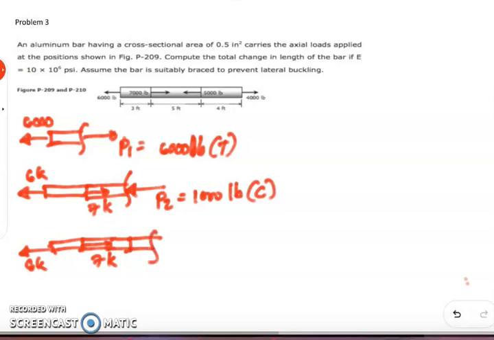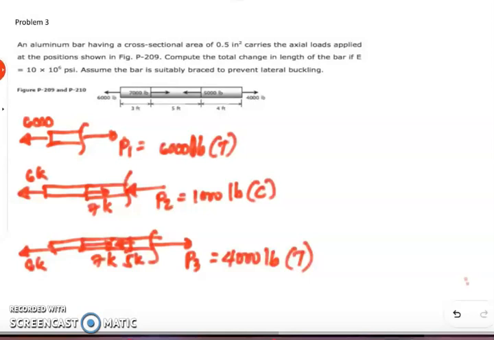So if we identify the internal force, we have the value of P sub 3, which is equivalent to, to make this balance, this is in tension, so we have 4,000 pounds, and this is in tension. So we have now identified our P1, P2, and P3.